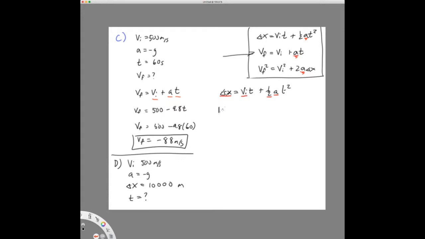We've got 10,000 equals 500t minus 4.9t squared.